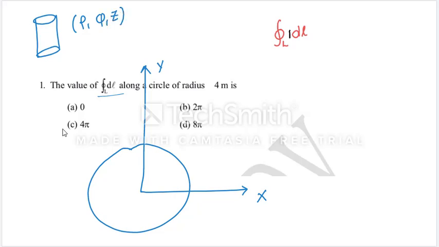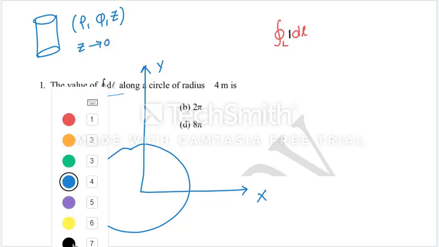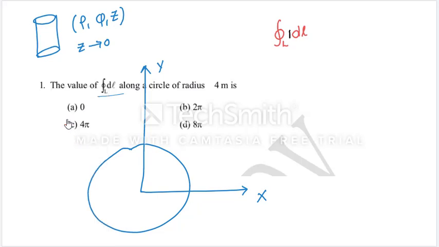As height equals 0, that is, as z tends to 0, the cylinder will become a circle. So the circle I can write as rho comma phi comma 0.